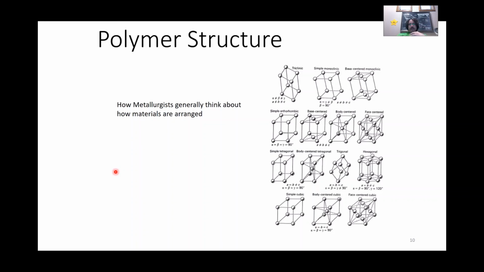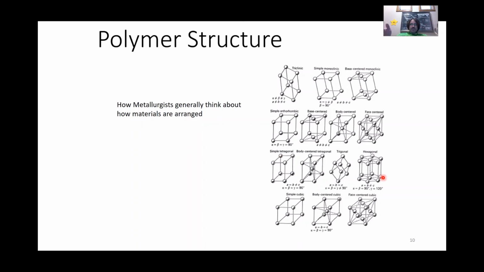But when we as metallurgists think about the structure of materials, we generally think of crystalline structures. Some polymers do have crystalline structures, but they definitely don't look like this. We get this beat into us as students: iron, BCC; titanium, HCP; aluminum, copper, FCC crystal structure.